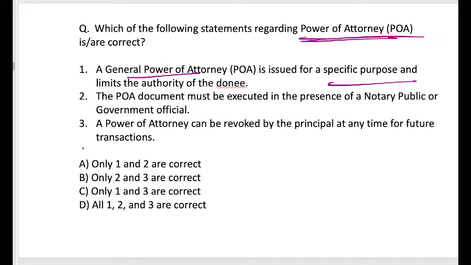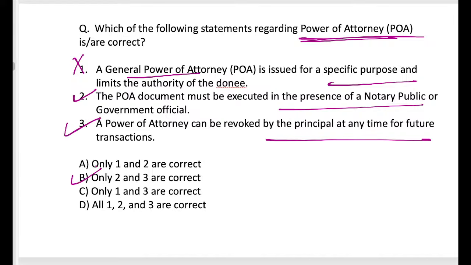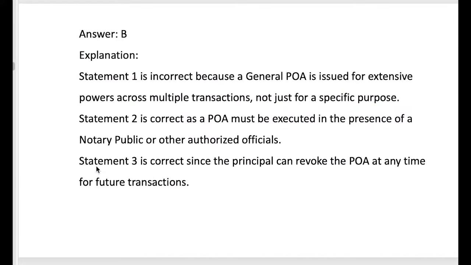When it comes to general, it is for all types of things. Specific, we have other. Okay, so that makes this statement wrong. The POA document must be executed in the presence of a notary public or government official. A power of attorney can be revoked by the principal at any time in future. Okay, so 2 and 3, B will be the right answer for this particular question.